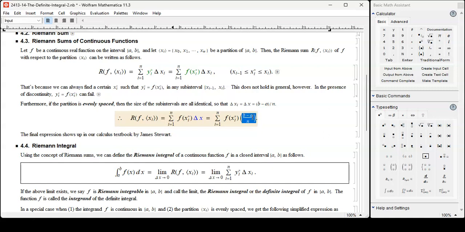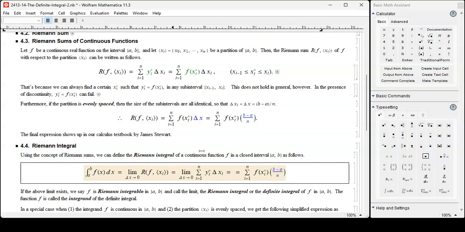You see, if you have something like this, then you can rewrite this limit as n going to infinity. And this is how the definite integral is expressed in our textbook.